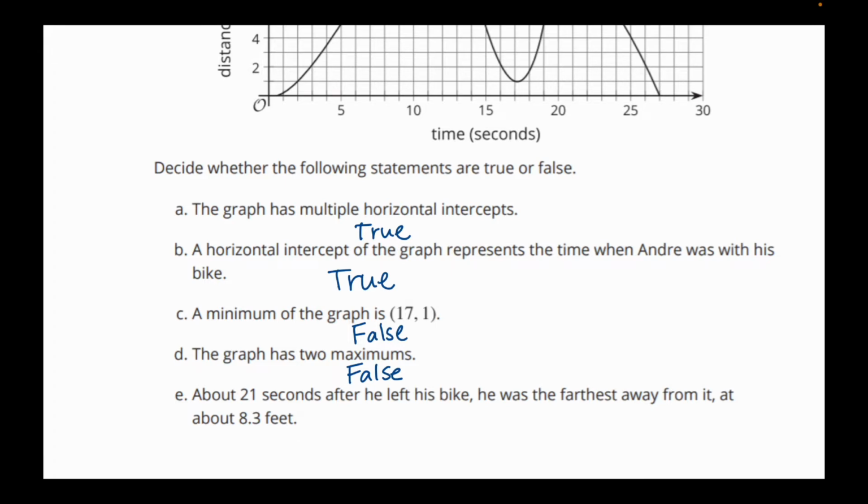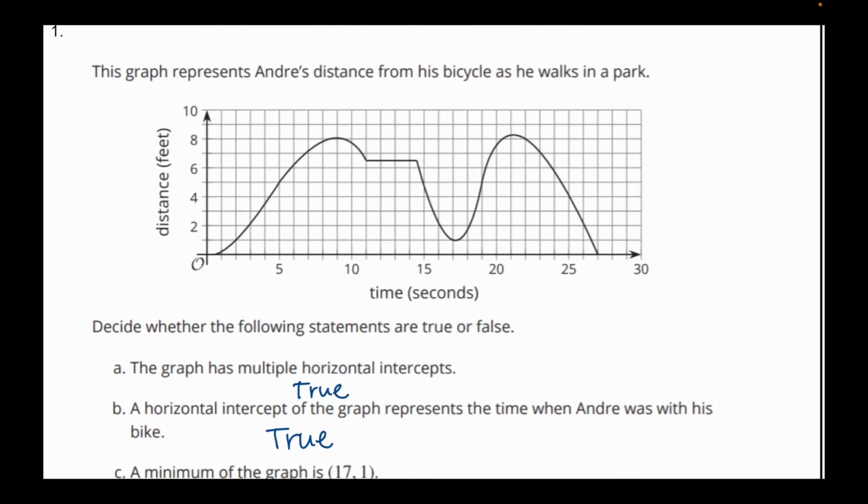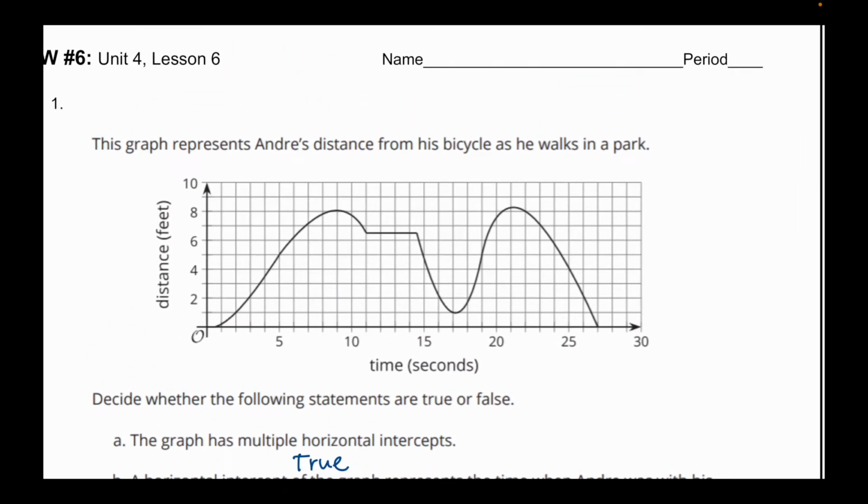Now, question E is asking us to interpret some seconds and distance. It says about 21 seconds after he left his bike, he was the farthest away from it at about 8.3 feet. So let's look here. I'm going to use my laser pointer at 21 seconds. That looks like it was the maximum we had identified before. And it says about 8.3.